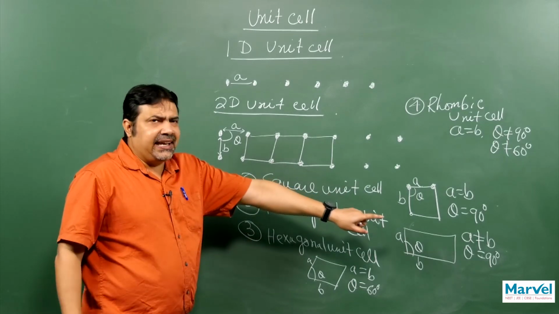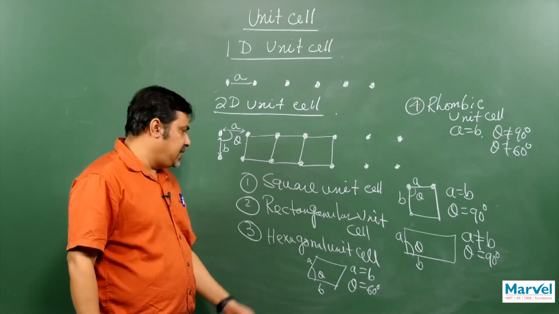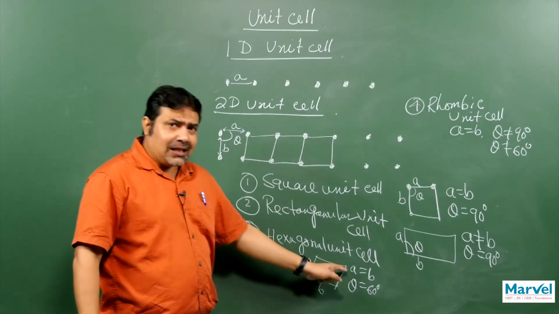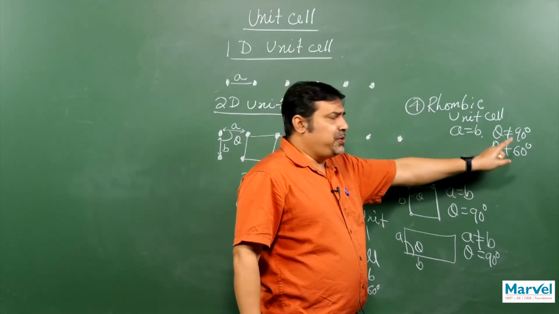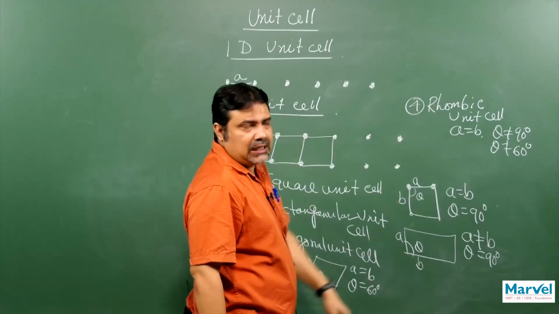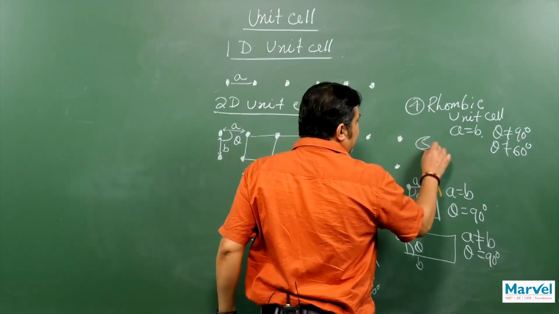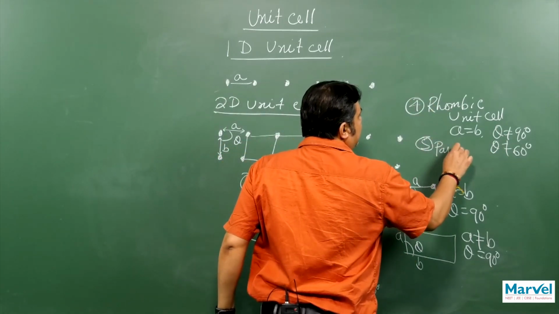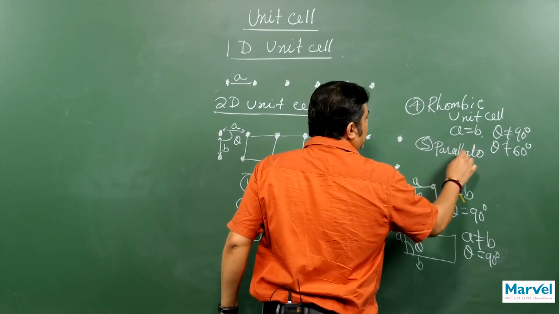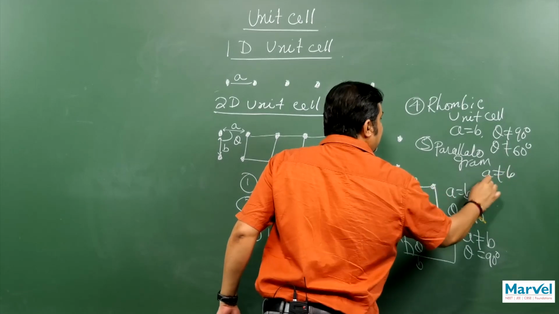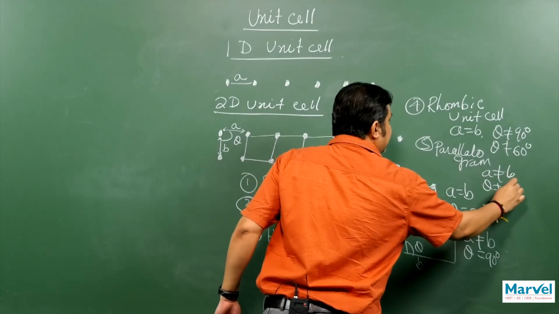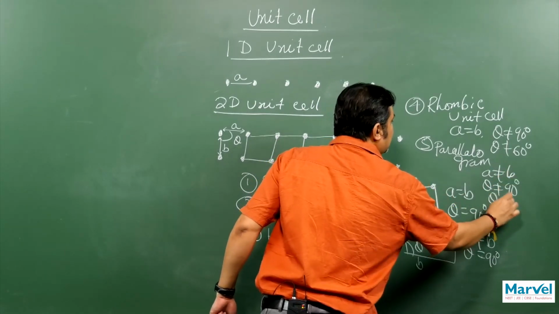Rectangular unit cell, A not equal to B, theta equals 90. Hexagonal unit cell, A equals B, theta equals 60. Rhombic unit cell, A equals B, theta not equal to 90 and not equal to 60. The fifth one is the parallelogram. In a parallelogram unit cell, A not equal to B, theta not equal to 90 and theta not equal to 60.